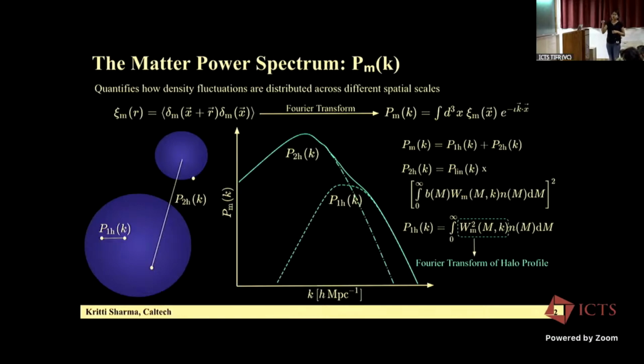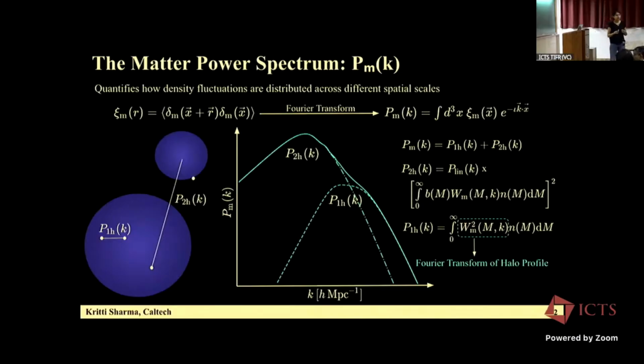The matter power spectrum is basically just a linear sum of the one halo and two halo terms. In Fourier space, at large scales or small k values, you expect the two halo term to dominate, and at small scales or large k values, you expect the one halo term to dominate.